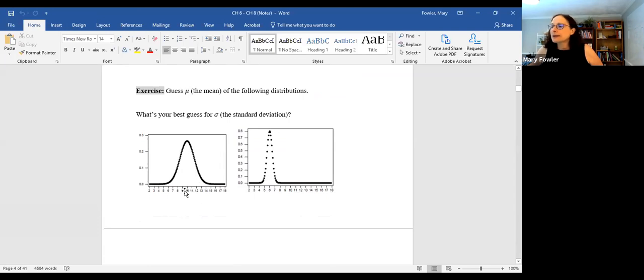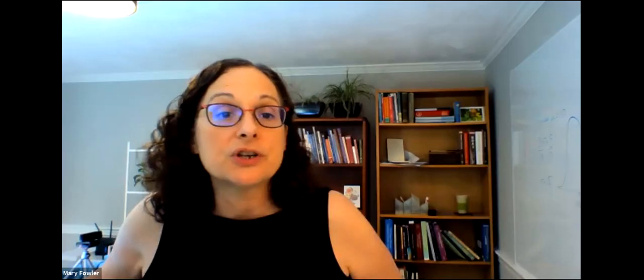But how am I going to get the standard deviation? Well, I know that for a normal distribution, the curve hugs the x-axis once you get to 3 sigma away from the mean. So if I look, I'm going to just switch up the camera for a minute here.